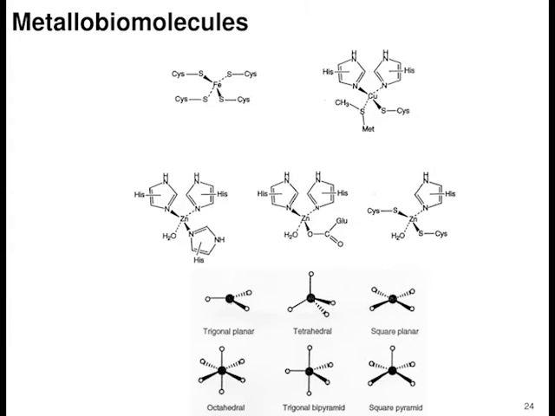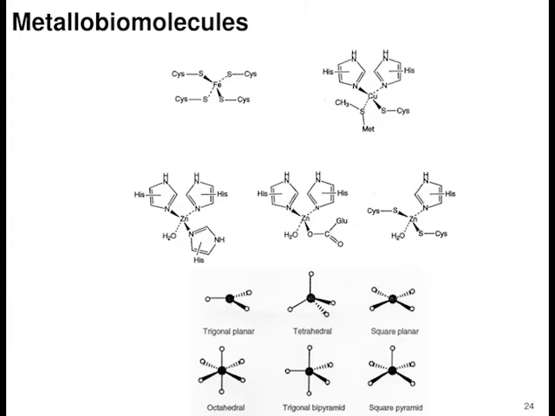Sometimes it does provide the environment so that certain things like carbon monoxide cannot come in. So when you see this sort of structure, we are referring to the active site of the metallobiomolecule. This is not the enzyme, this is the active site.